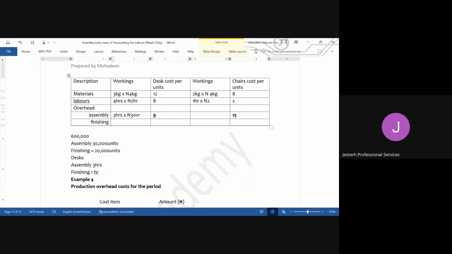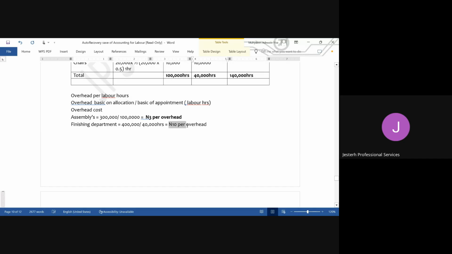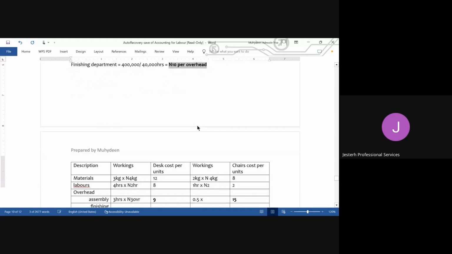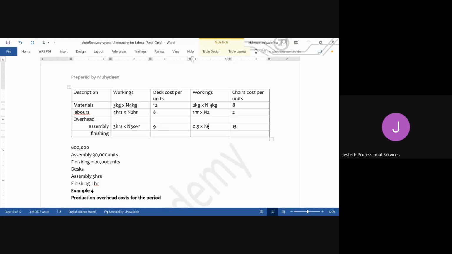Now you come here again. Remember that for the chair, it is 30 minutes. You can say 0.5 because 1 divided by 2 gives you 0.5. Multiply by how much we are going to spend per labor hour here, which is 10 naira.